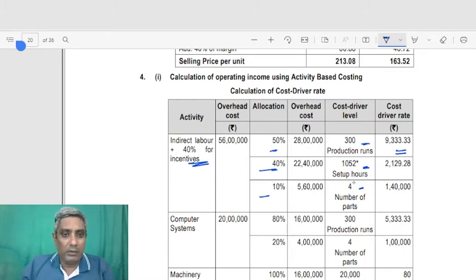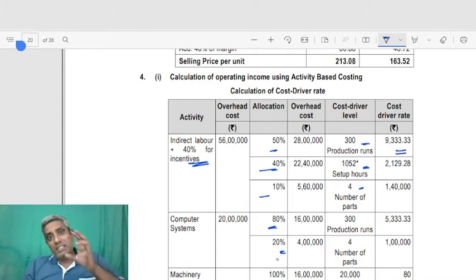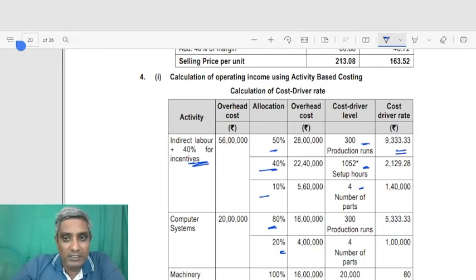So like this allocation of ABC rate. So computer system, machinery depreciation, all these things, these are all 100%. Machine maintenance, these are all 100%. And computer system they have already given 80 and 20. So this is how you remember the question. Clear? If you remember this, then allocation will be very easy.